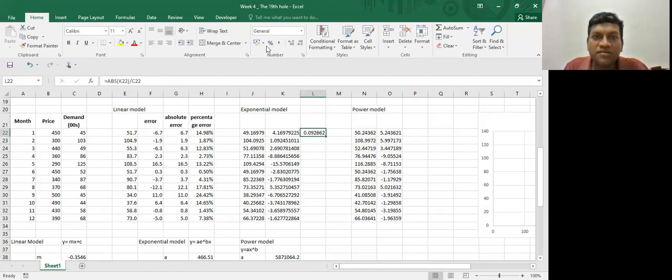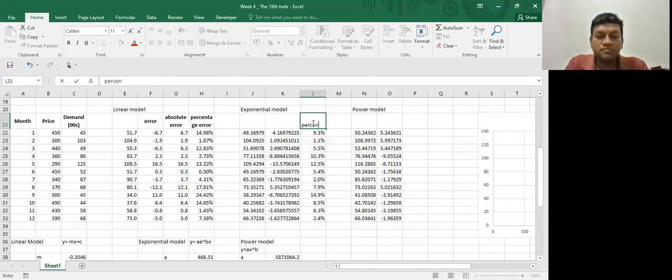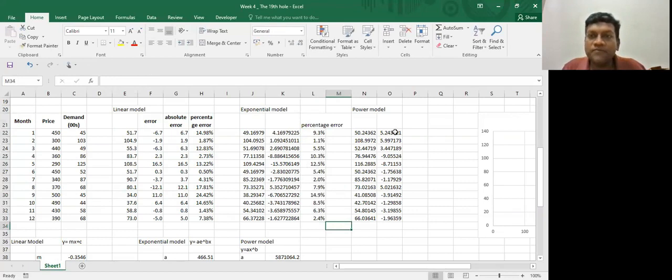And this I convert into percentage and I pull it down. This is the percentage error. The percentage error for the exponential model.